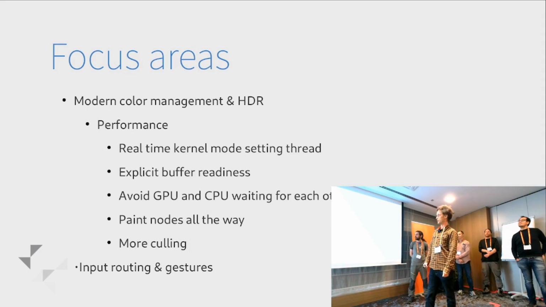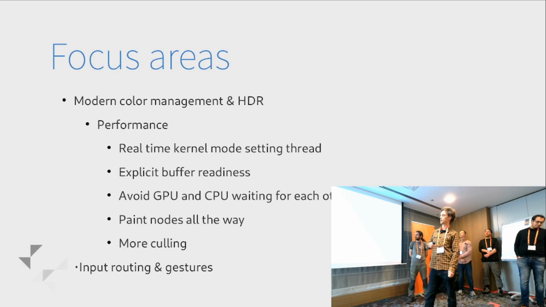So one thing we're adding is making sure that all the buffers that we are pushing to the monitor or to the compositor are ready before we do it, which means that we won't get any surprises when we push them to the next level. Does that make sense?